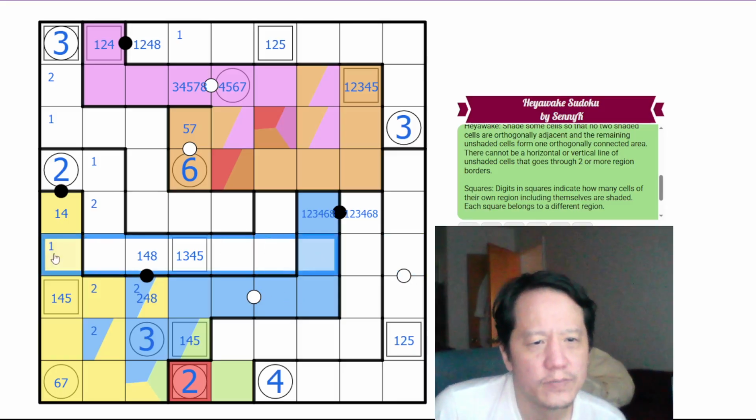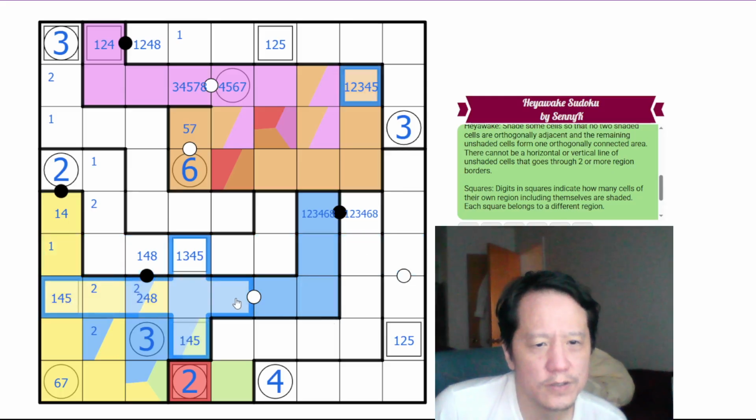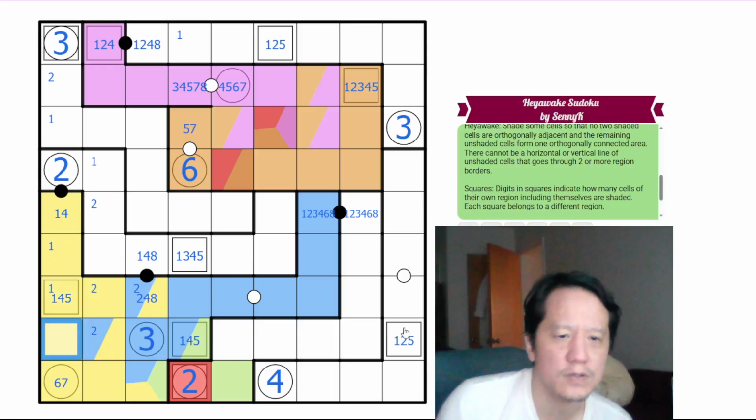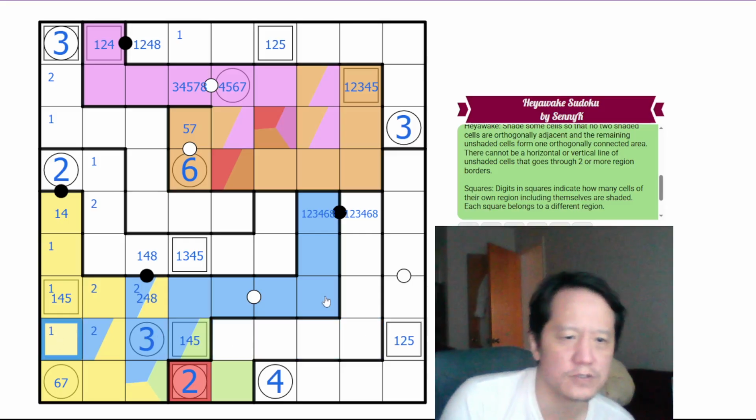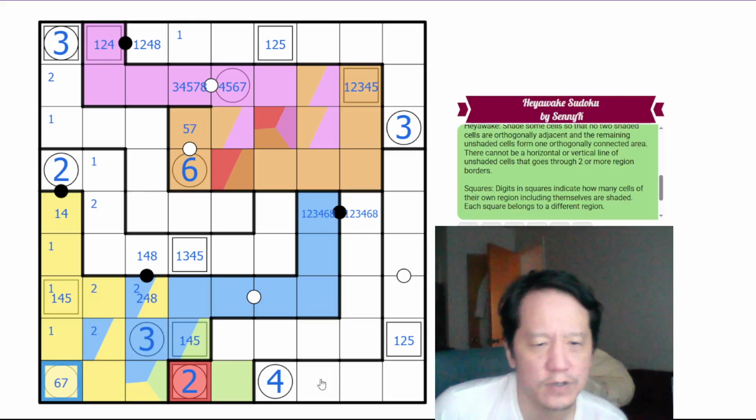This, we have yellow, then blue. And then you could have there, so that's 1. Yellow, blue, blank, and so that's 1 also. And this has to have 1.